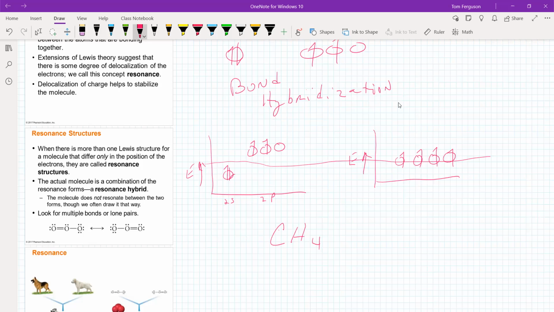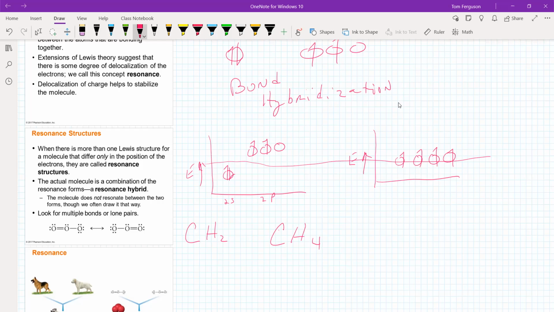That's the formula for methane. If we use the original electronic configuration like this, this would be the formula, because we only have 2 singletons. The singleton electrons are the only ones that can bond.